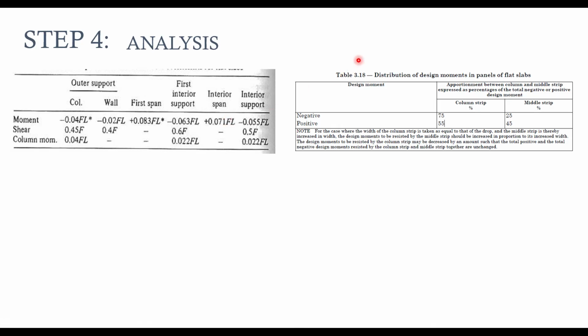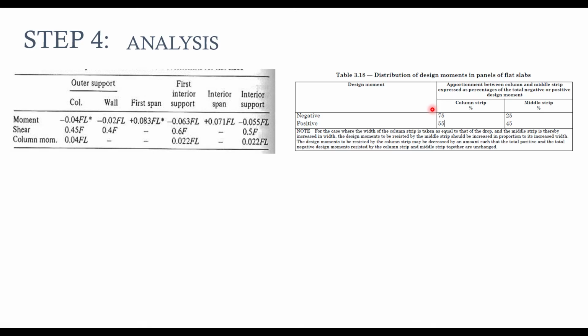The second table, which is Table 3.18, explains how you are going to distribute the moment you calculated using the first table between the column strip and the middle strip. In summary, for a negative moment, that is the hogging moment, the column strip is going to take 75%, as we all know, because the negative moment acts at the support, which is the column strip.